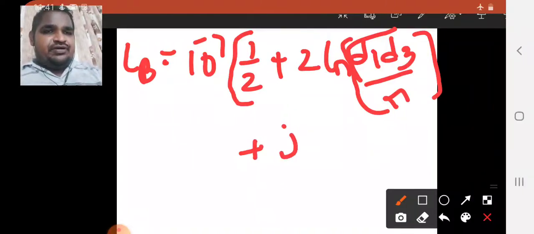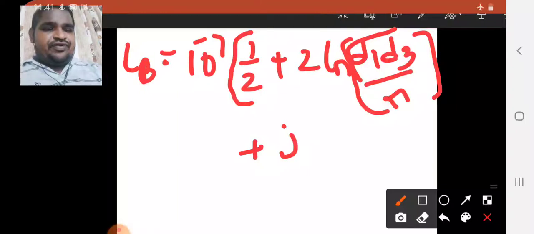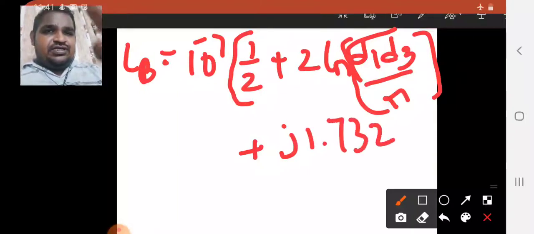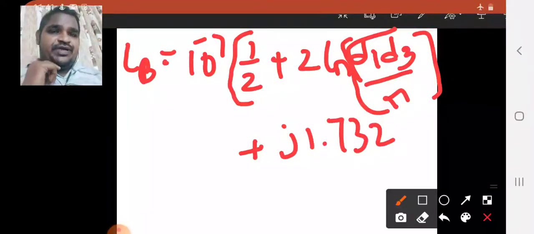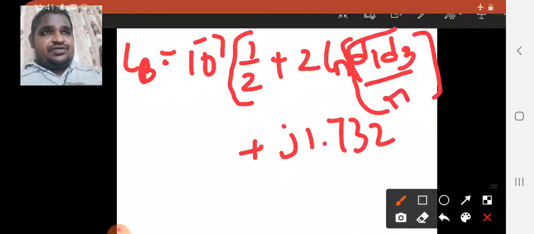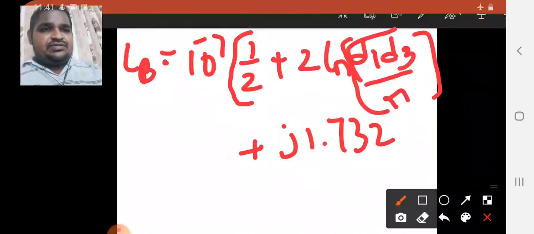Just derive this equation, don't write directly. Since we have taken the 2 as common, it becomes 1.732. In LA we wrote 0.866. It is not 0.866, it is 1.732, sorry. Root 3 is 1.732, and we took 1 by 2 as common.